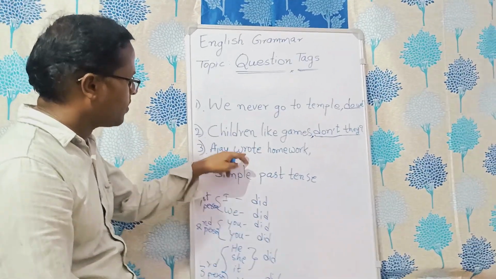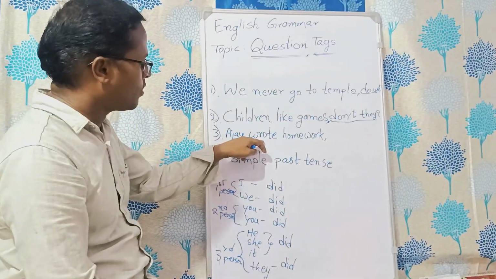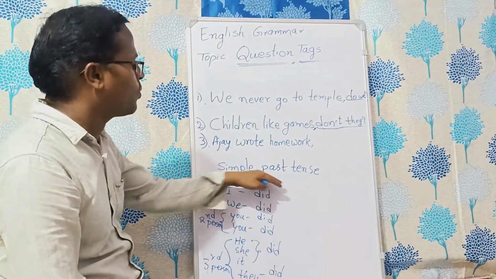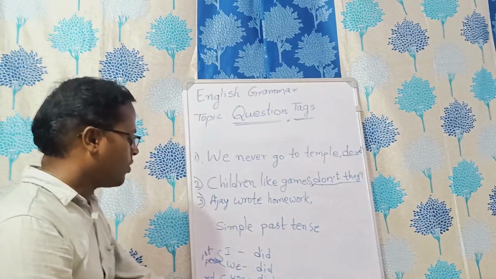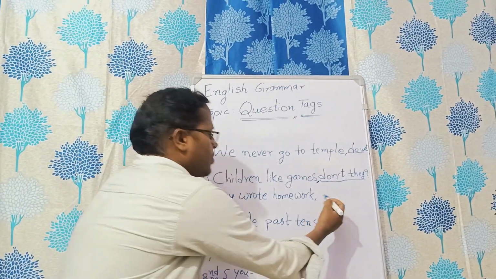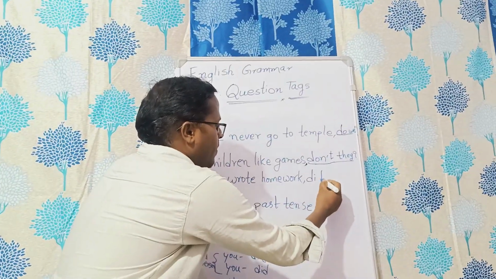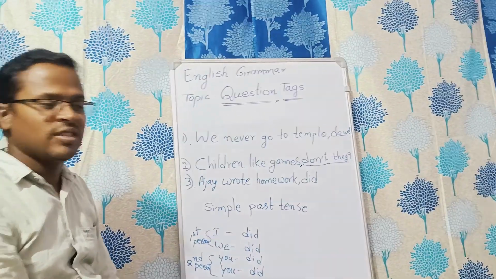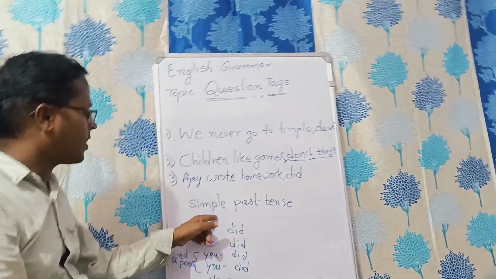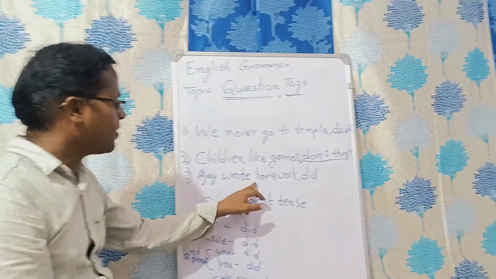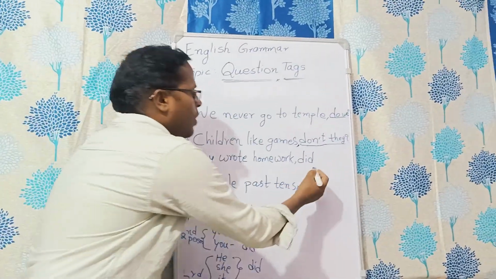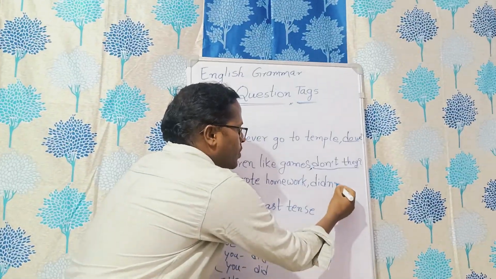It is wrote, which is V2, so it comes under simple past tense. In simple past tense, we have to use did according to the structure. And this sentence is positive, so we have to add a negative question tag.